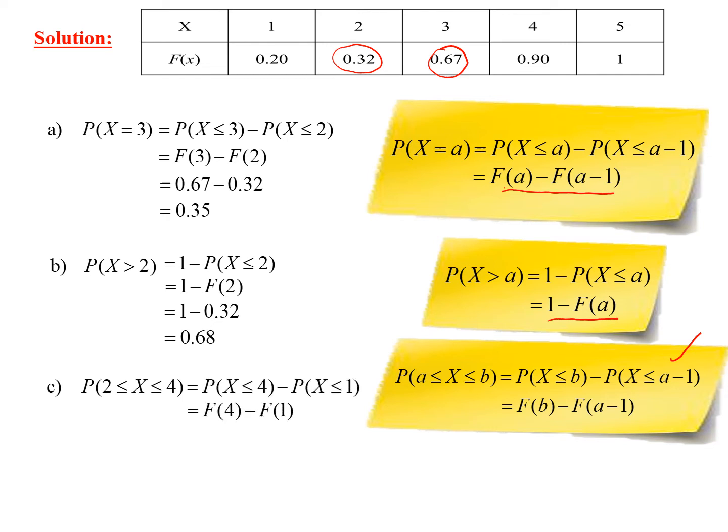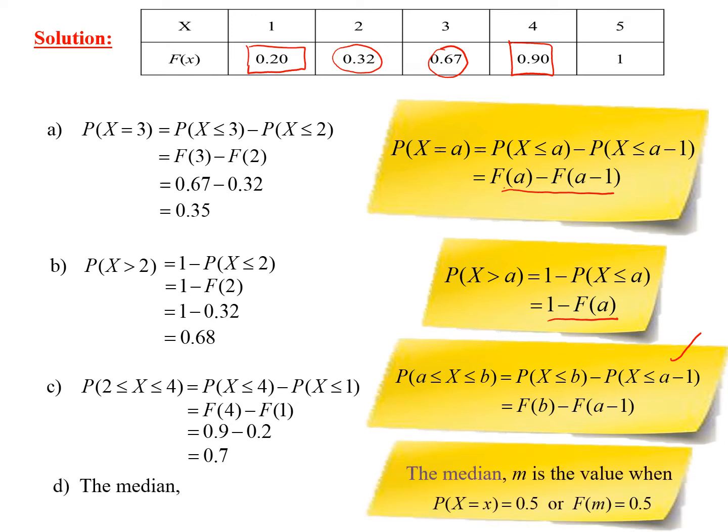So for the solution, we will get F(4) minus F(1). F(4) we have 0.90, then F(1) is 0.20. After the calculation, you will get the answer 0.7.